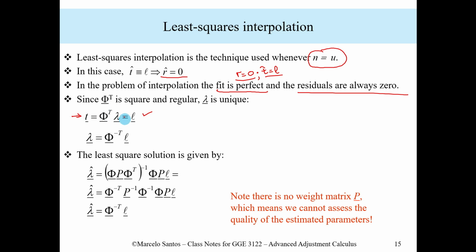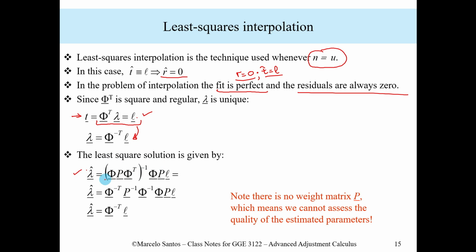This is the deterministic expression for the trend that is equal to the observations. We can now use this to obtain the value of lambda. Lambda equals phi transpose inverse multiplying L.